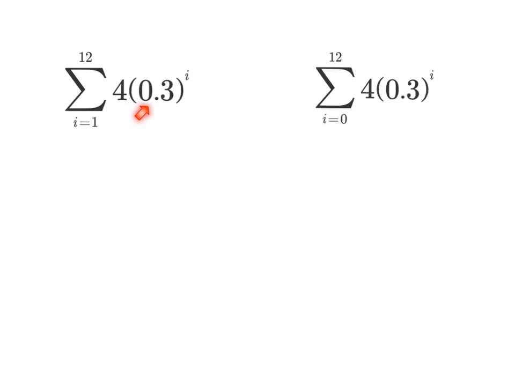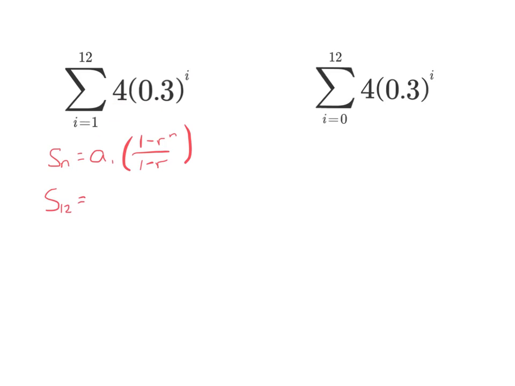So here we've got a geometric sequence, same sequence over here, and we're going to use our formula. And we're adding up 12 terms. The first term, if we substitute 1, we get 4 times 0.3 to the first.